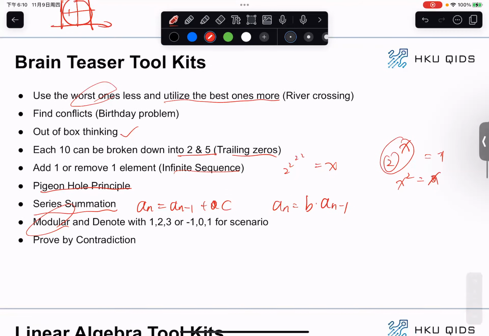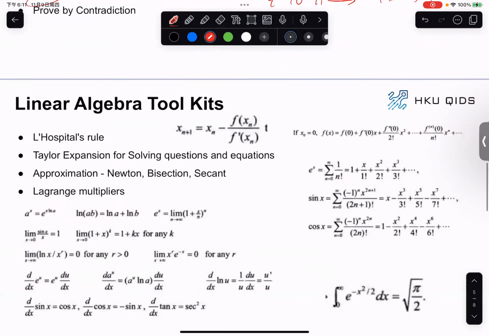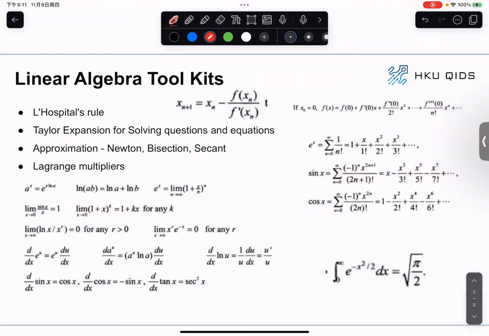If you get a strange number, for example 9, 10, 11, you may standardize them into -1, 0, 1 for further discussion, which could simplify your process and make it more efficient and elegant when you illustrate it to your interviewers. Last but not least, always do not forget there could be a way to prove it by contradiction.